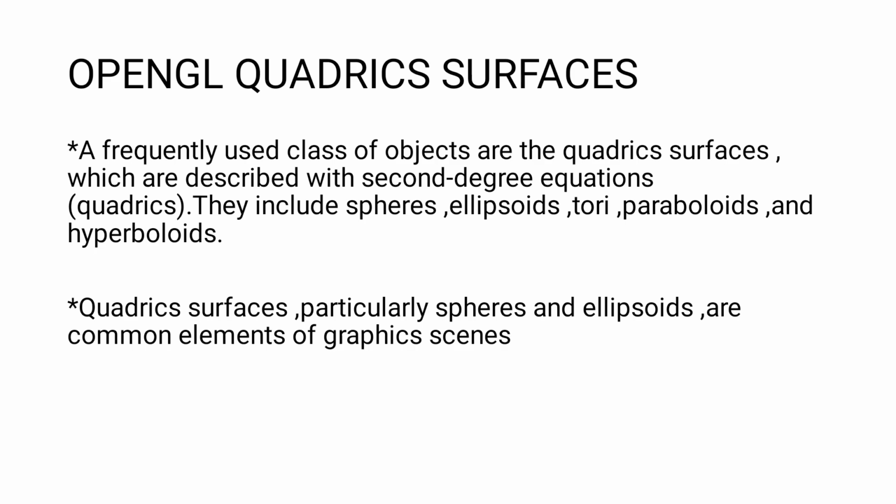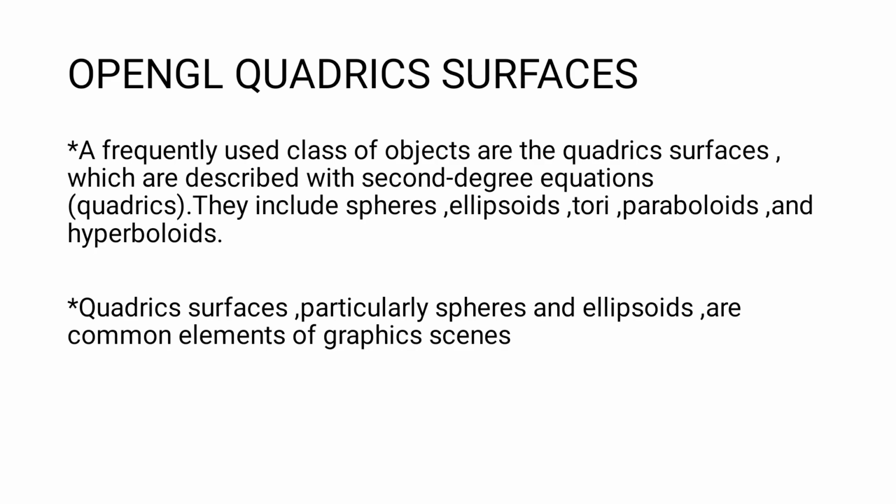So let's conclude what is an OpenGL quadric surface. An OpenGL quadric surface is a frequently used class of objects that are quadric surfaces, which are described with second degree equations, quadrics, which include spheres, ellipsoids, tori, paraboloids and hyperboloids.